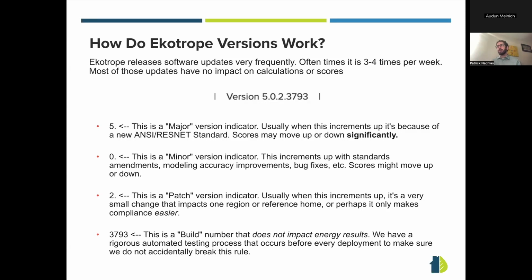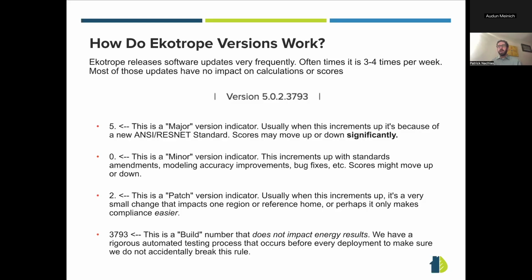So what do those numbers mean? 5, this is a major version. This will typically impact the HERS score for many projects and impact a lot of different parts of the energy calculation. Scores may move up or down significantly.